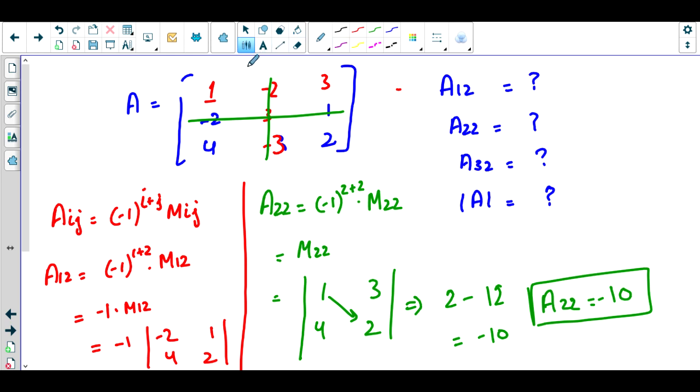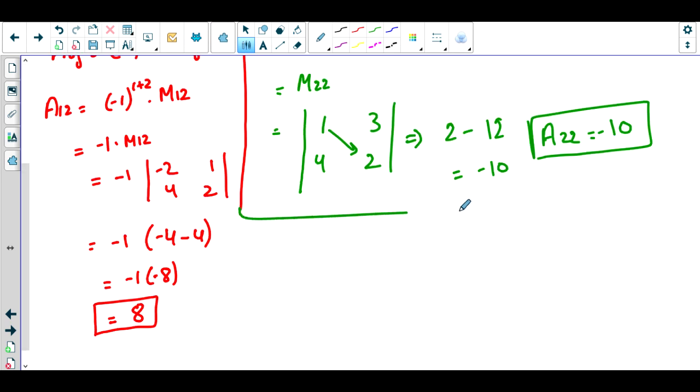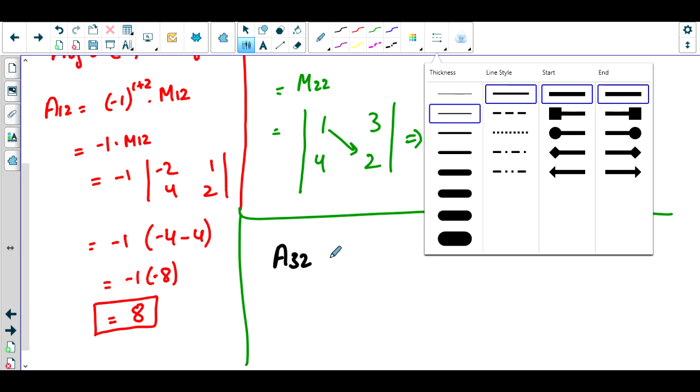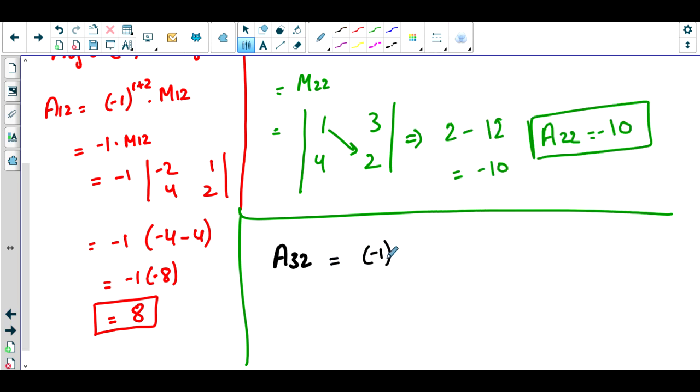Right, now let us find A32. We want to find A32 now. (-1)^(3+2) into M32. This is -1 into M32.